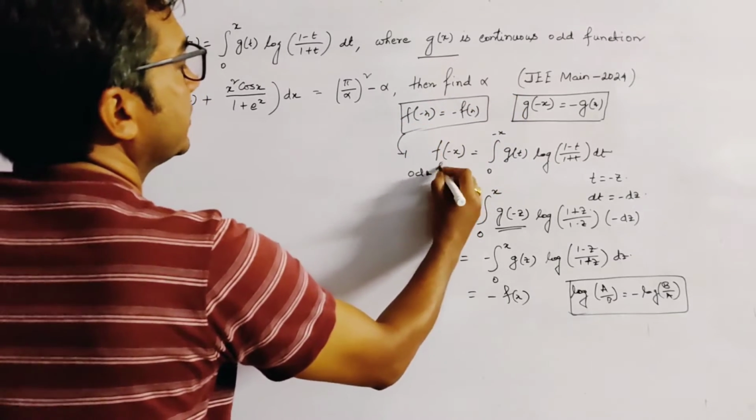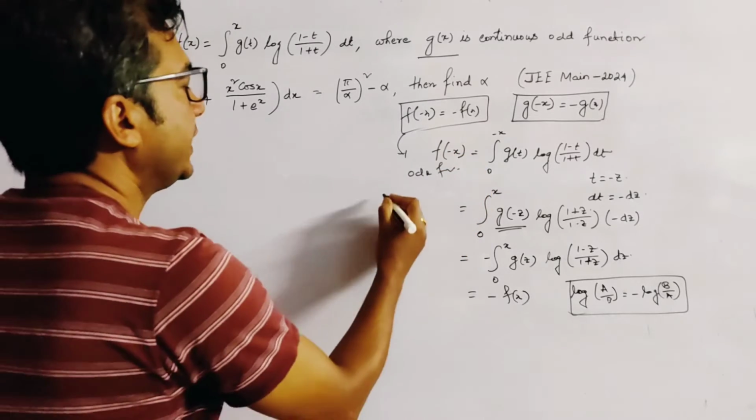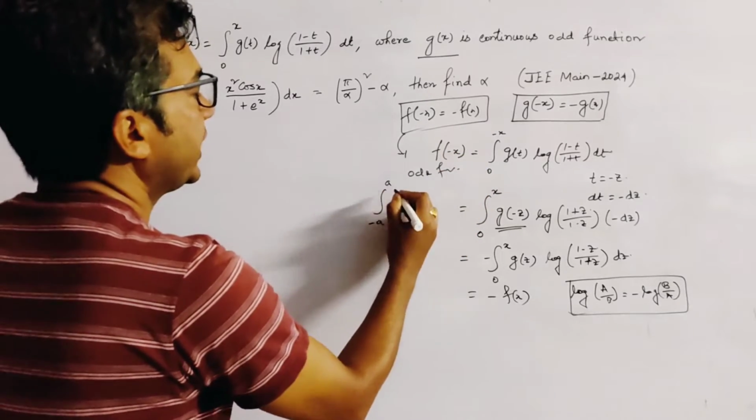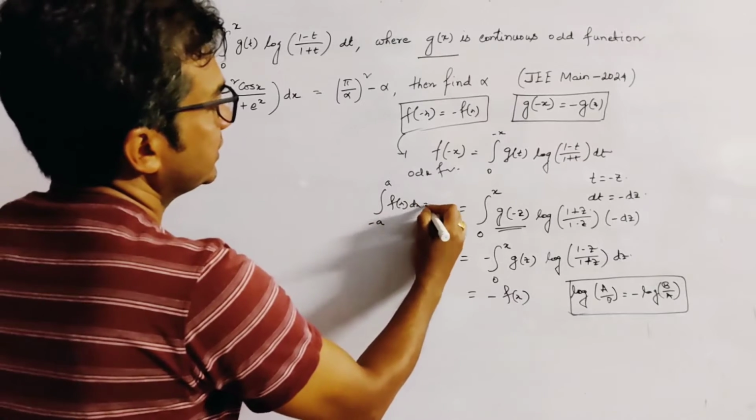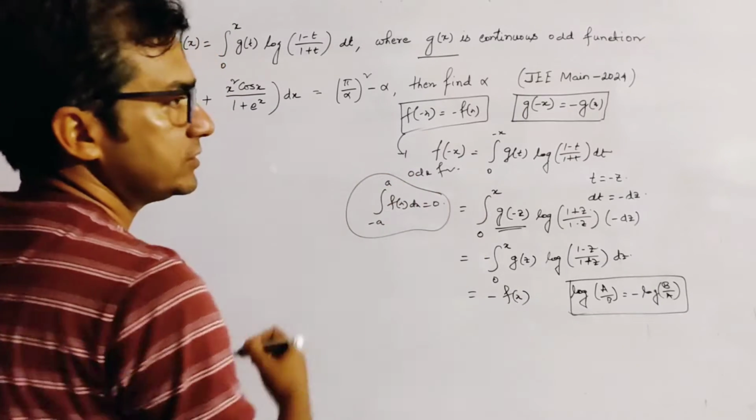So we get f of minus x equal to minus f of x, that is, f(x) is an odd function, and we know that integration from minus a to a of f(x) dx is equal to 0 for an odd function.